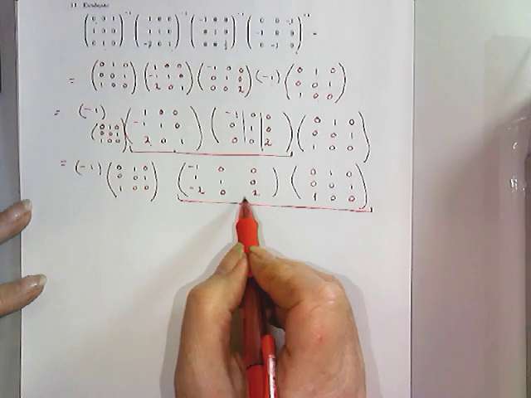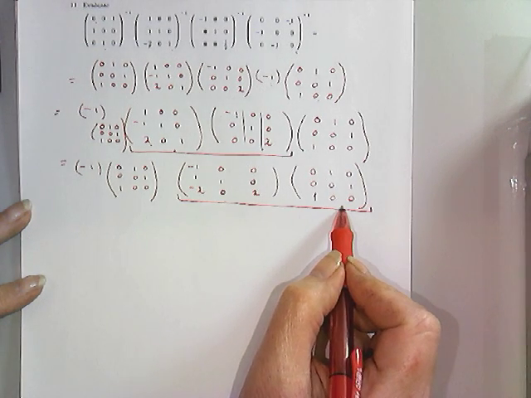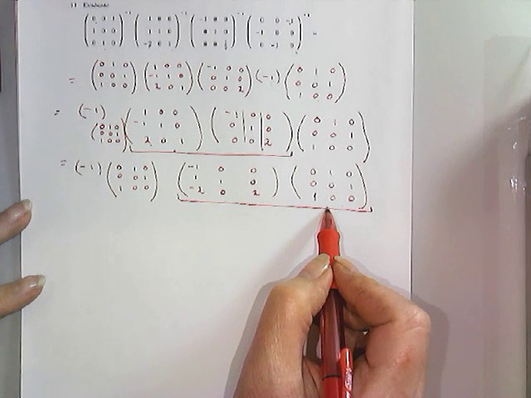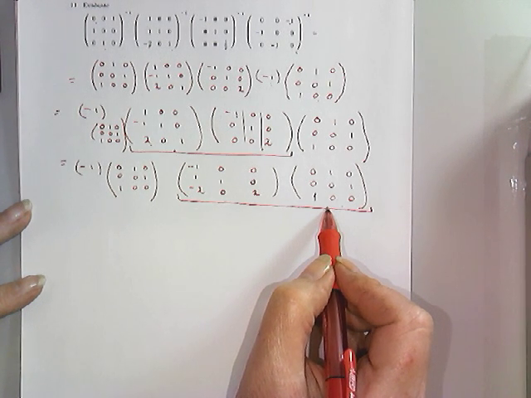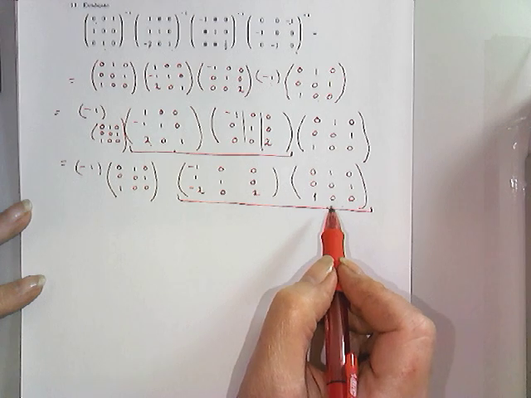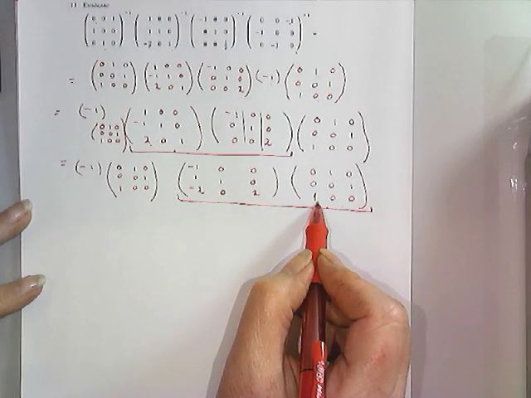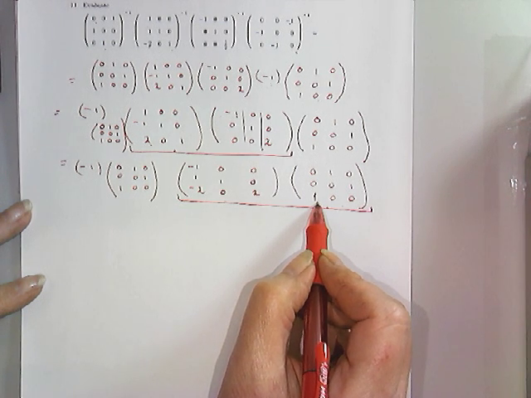What we can do is multiply first on the right by this permutation matrix, which is going to switch the columns of our matrix.